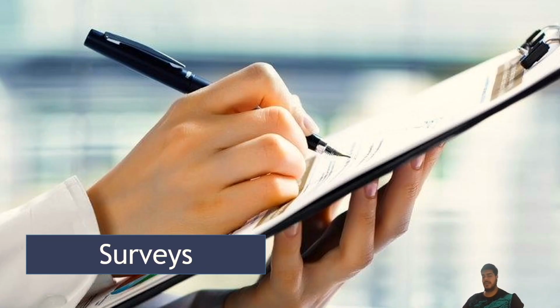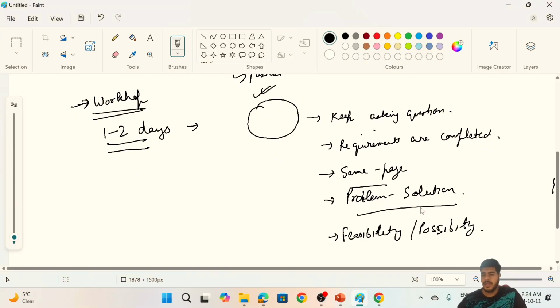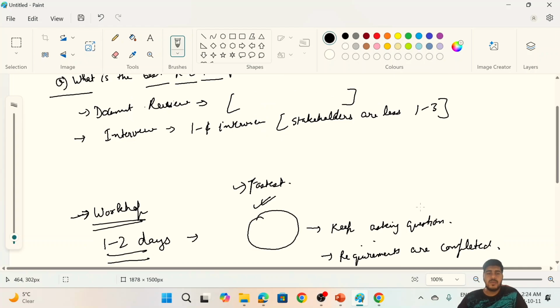Well, next comes the survey technique. Let's just take a quick review before moving ahead. We did the document review, which is the first technique, then we did the interview, we studied brainstorming, and we did workshops.